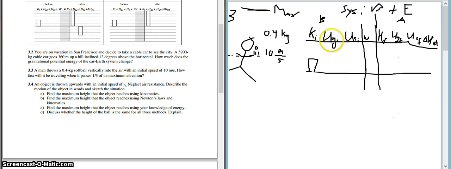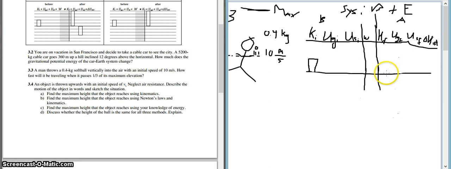This makes it easier, because now the before will only have kinetic energy, as we do not have any elastic energy, and we do not have any work, because the before moment is just after the man has thrown the ball. So no work is being done at this point.